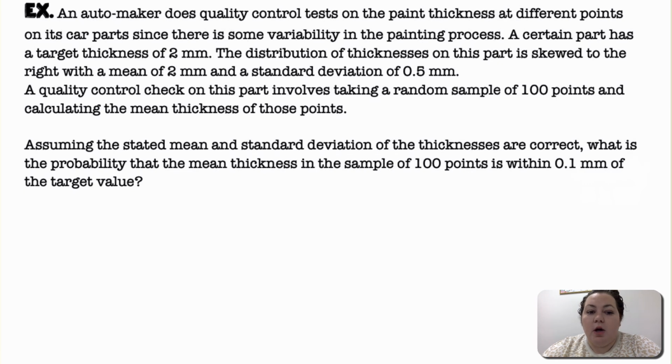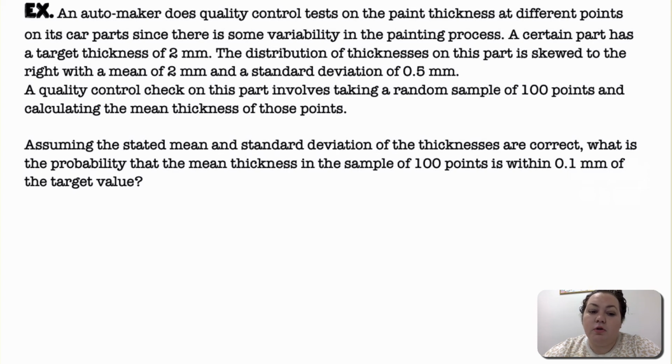An automaker does quality control tests on the paint thickness of different points on its car parts, since there is some variability in the painting process. A certain part has a target thickness of 2 millimeters. The distribution of thickness on this part is skewed to the right with a mean of 2 millimeters and a standard deviation of 0.5 millimeters.